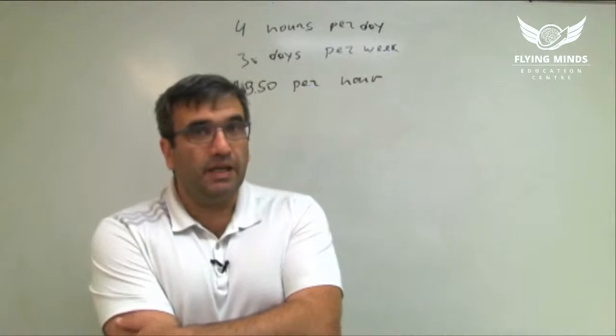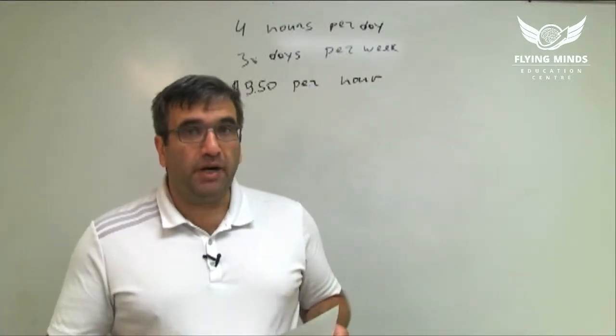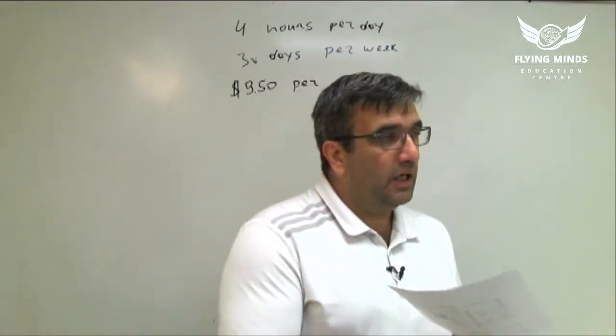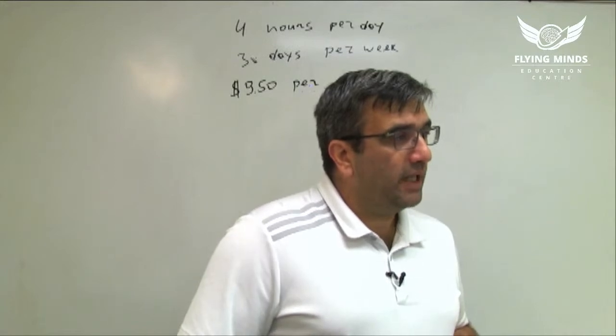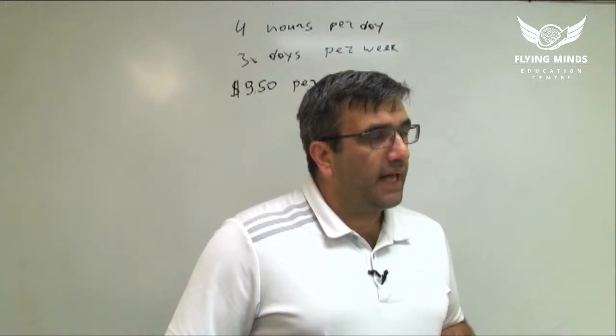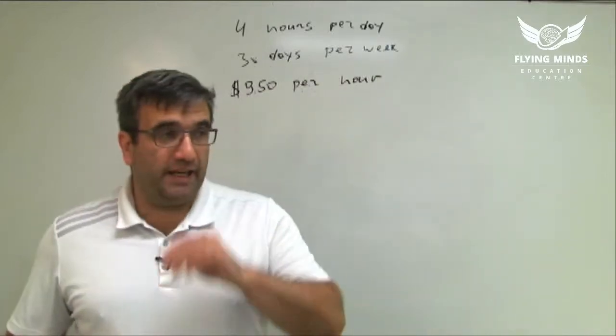So tips were given as one quantity, not per hour, not per day, as one quantity. So let's reread the question. Simon works in a restaurant 4 hours a day for 3 days a week, plus tips. Okay, sorry. So tips per day, right?